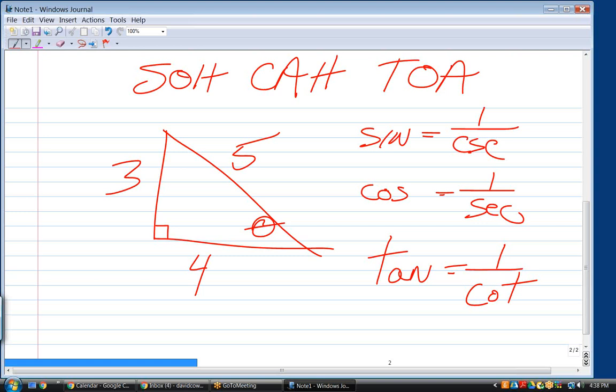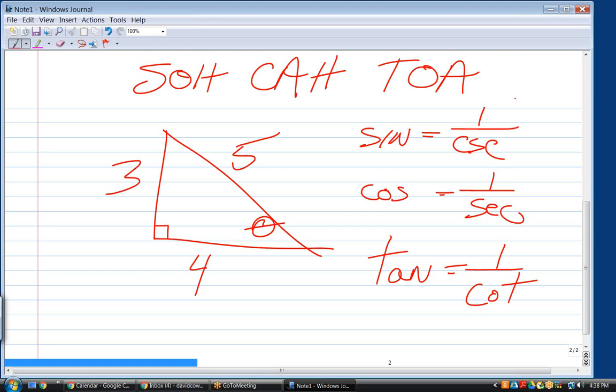Sorry, I'm confused. Okay. One of these, the cosecant, is the reciprocal of the sine. Oh. Whatever the sine is, just flip it. If the sine is 3 over 5, cosecant is 5 over 3.